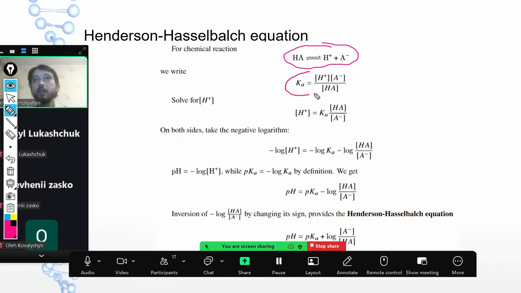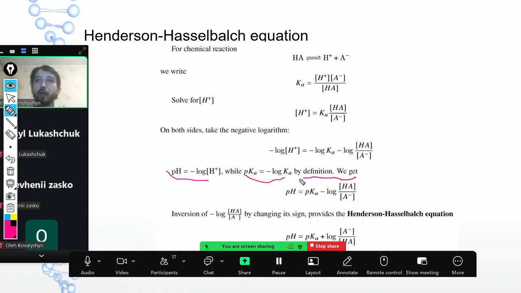Here is the definition of the Ka. I can rewrite it in this way, so I just move H plus to the left and Ka to the right, nothing interesting. Then I take the logarithm, once again nothing special, and the minus sign, nothing special, and I use the definition of the pH and pKa.